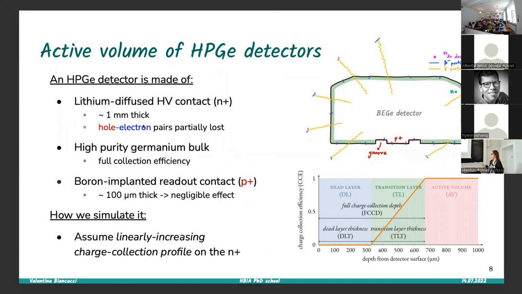So here we have the charge collection efficiency, which is 100% for the active volume, but 0% for the dead layer thickness. In a real detector, we also have a transition region called the transition layer that, as Abby already said, we don't know exactly how to model. In this analysis that I'm going to present, we decided to model it as a linear function, but we introduce other models in the uncertainties.